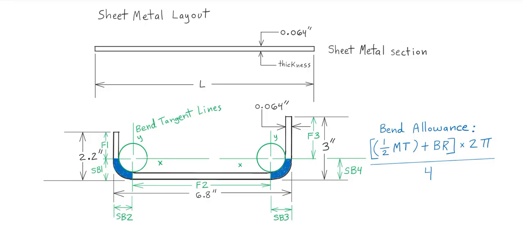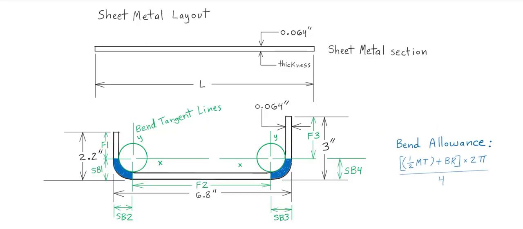So that's the approximation then made into an exact value. So that's called the bend allowance, the BA. That's just a fancy term for the circumferential partial distance of the bend. Like if we were to straighten this bend out, that's the actual length of it.